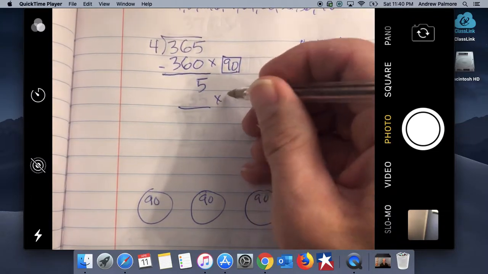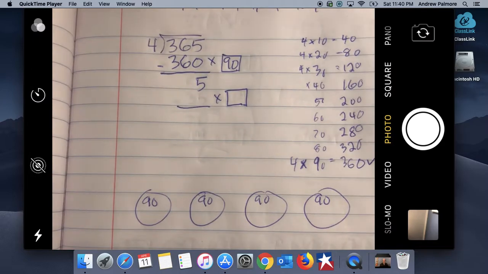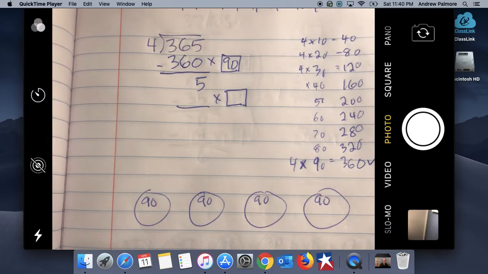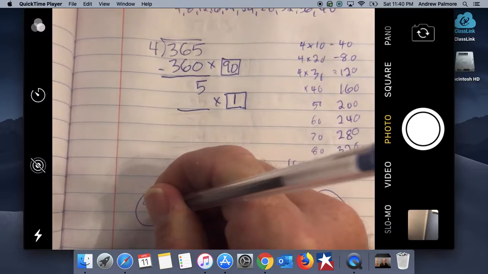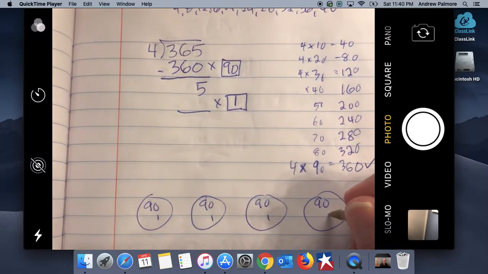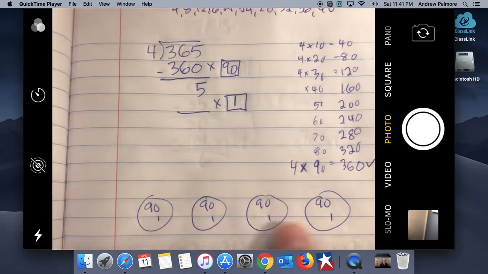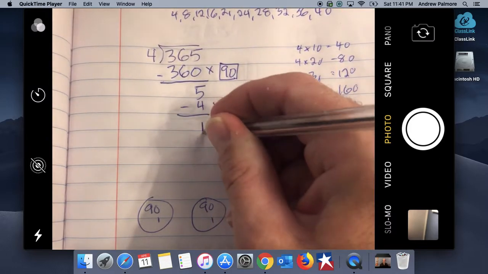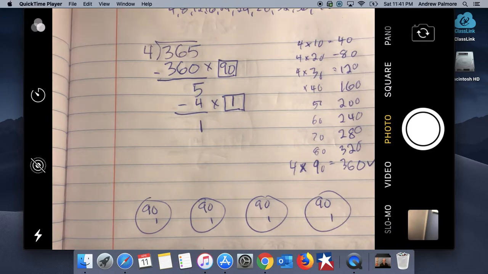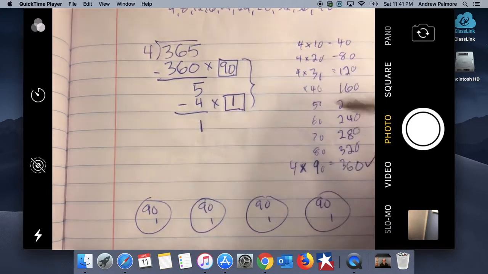Okay? Now, what if I have 5 candies and 4 people, how many can I give each person? Well, 1, right? If I give 1 to each person, that will be a total of 1, 2, 3, 4 extra. So 1 times 4 makes 4. Subtract, and that will give me 1 left over. So how many have we given out?